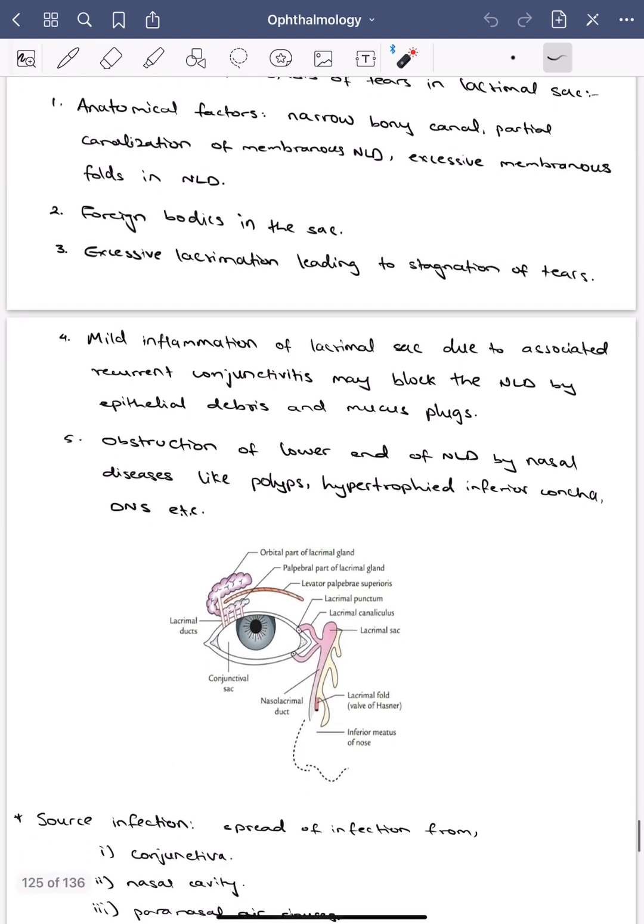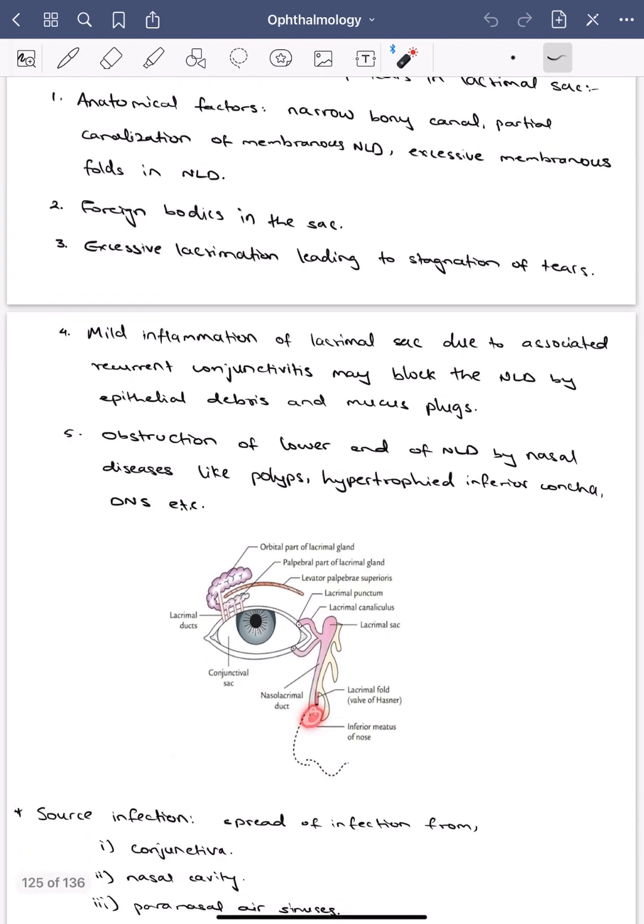And finally, it can also be due to the obstruction of the lower end of the nasolacrimal duct by nasal diseases like polyps, hypertrophied inferior concha, and DNS, or due to the narrow bony canal as seen in females. So these are the factors responsible for stasis of tears within the lacrimal sac.